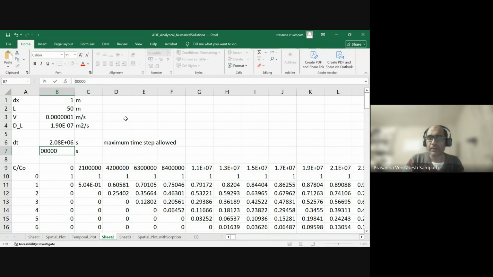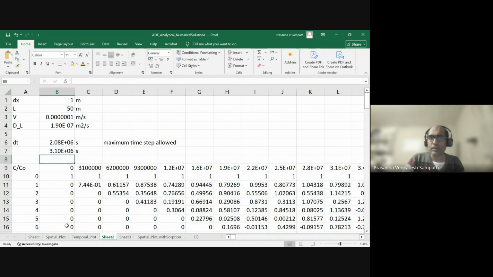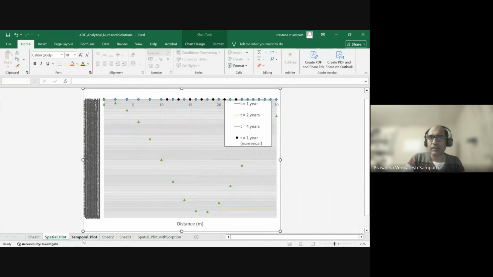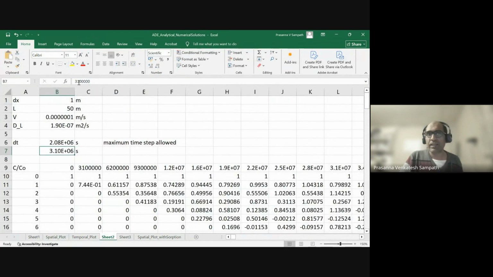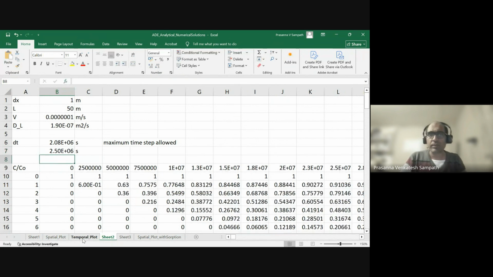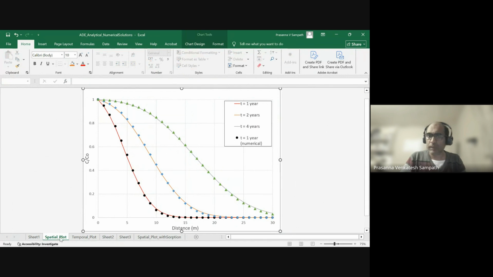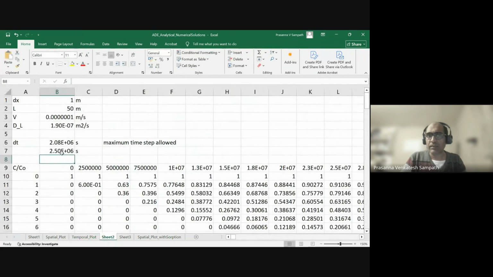If I increase it further, you will start seeing that the solution has blown up. So even something as low as 2.1, even 2.5, might give us trouble. After 2.5, it's still able to do something, but if I increase it even further, the solution really becomes unstable.